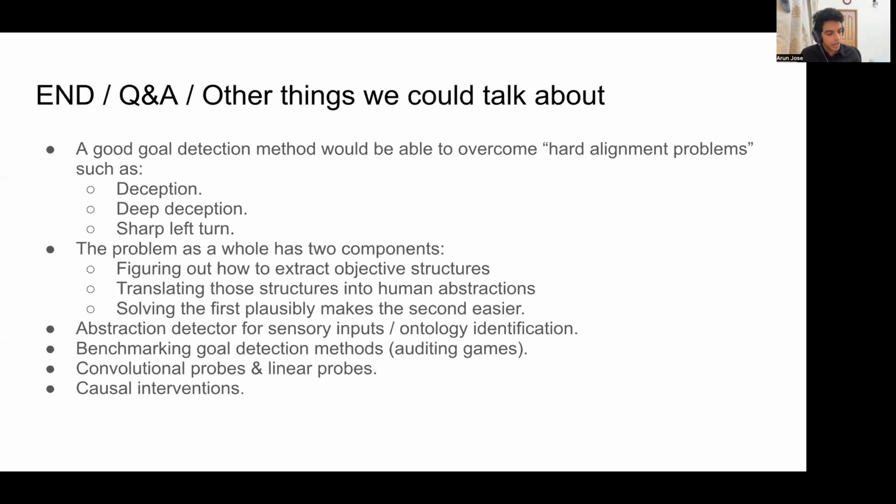There are many minor reasons we think this is the case. For example, as I mentioned before, we're working with a constrained case here where we don't have to worry about what the abstraction set might be, and we just have to figure out how to extract the goal structure while knowing what the abstraction set is.